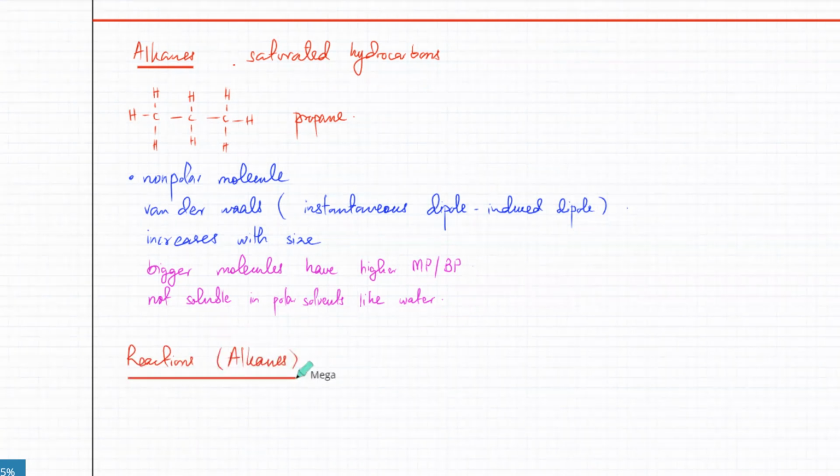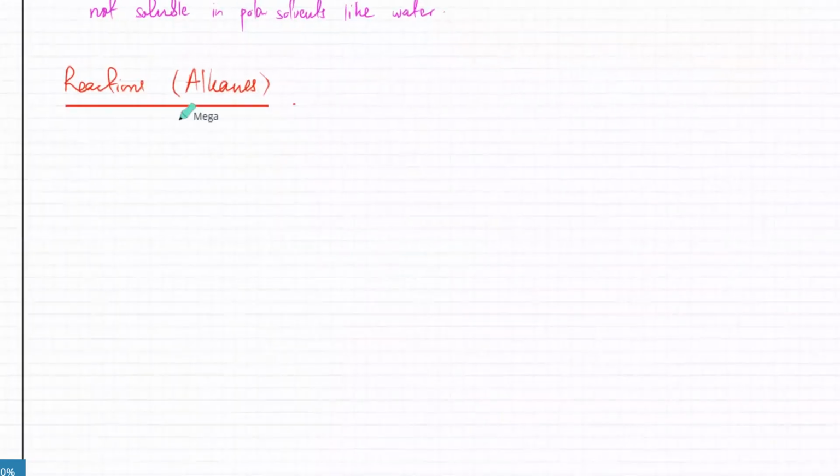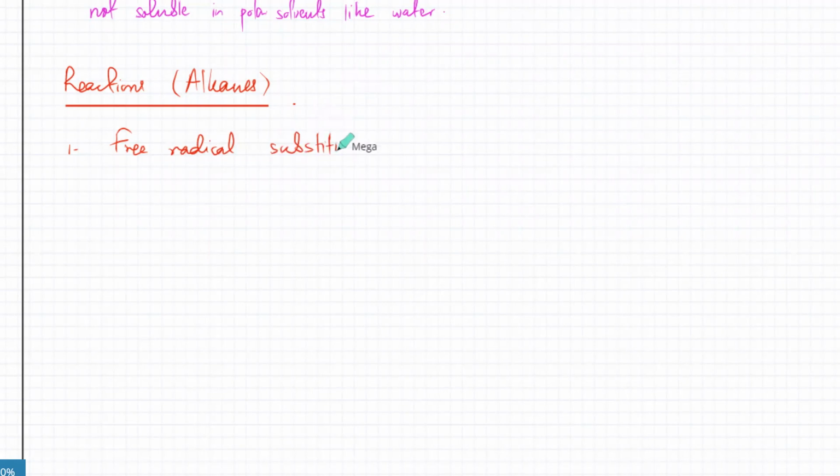So reactions for alkanes: number 1, there's a reaction that is known as free radical substitution. That's the proper name for the reaction, and you've already studied that earlier as well.